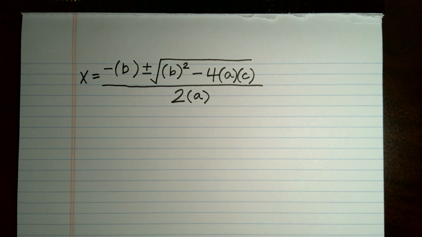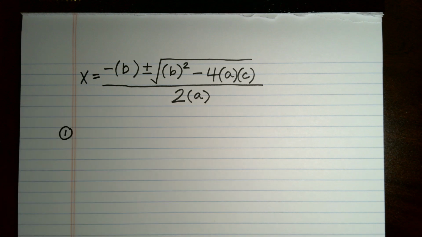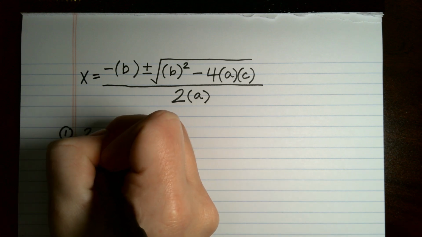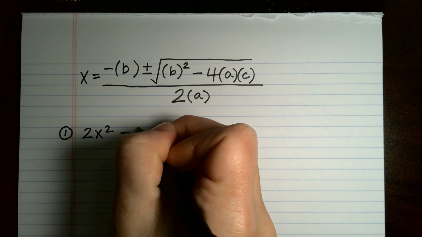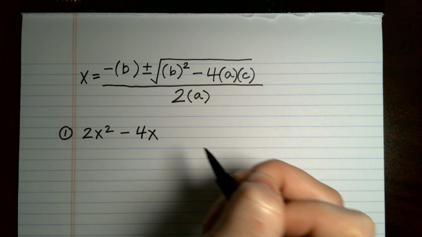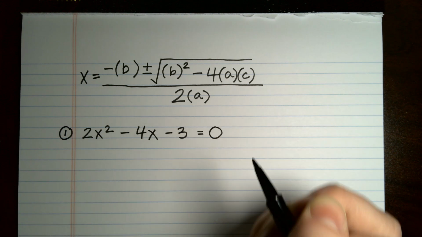So let's look at the first problem I gave you in your do now. I'm going to just rewrite it. The first one was 2x squared minus 4x minus 3 equals 0.